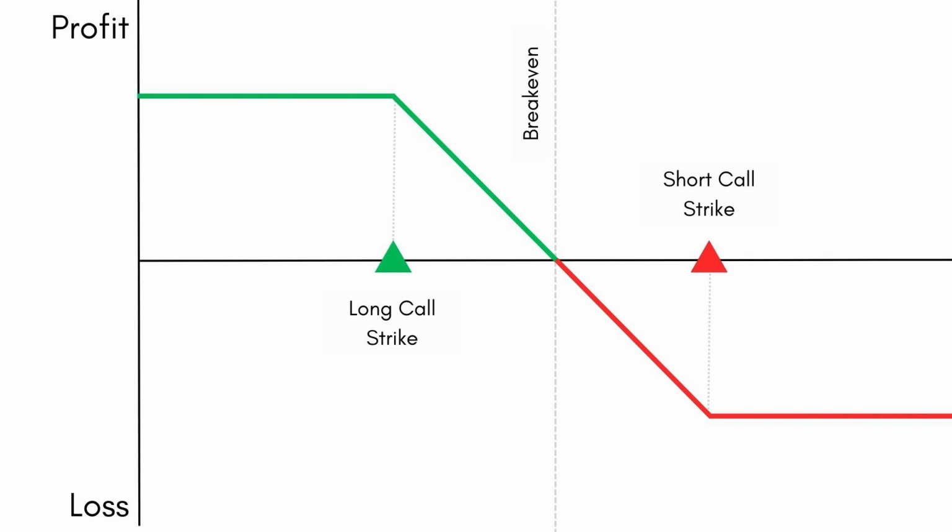Bear calls will start taking on losses when the underlying price goes up, and the maximum loss condition is when the stock's price crosses above the long strike price on or before expiration. So like a covered call, you'll need to defend your short position with a buy to close order, and then either sell another call option with a higher strike price or a longer expiration date.